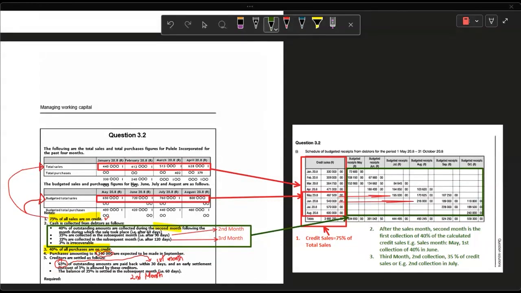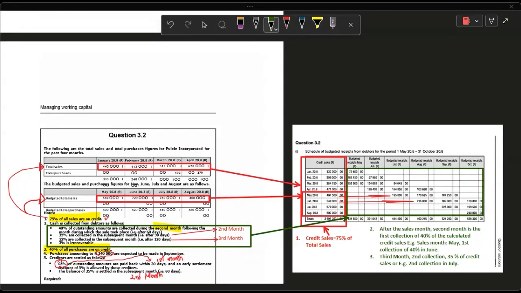Whether it's things that you are purchasing on credit or things that they are buying from you on credit, right? So here it is that 75% of whatever sales you have is on credit. So calculate from January to August, what is the credit sales.